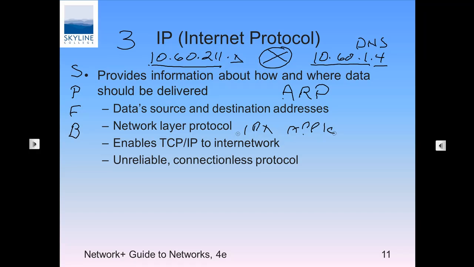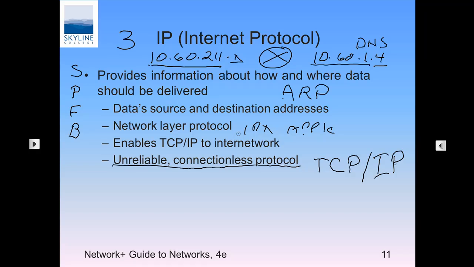Here's something you may see on tests, and it is good to know. IP is an unreliable, connectionless protocol. What was the connection-oriented protocol? TCP. When we combine it with TCP, now we have reliable delivery. That's why you always see them together, TCP/IP.